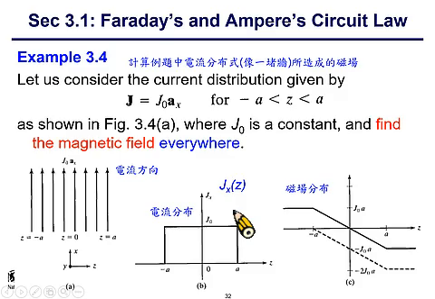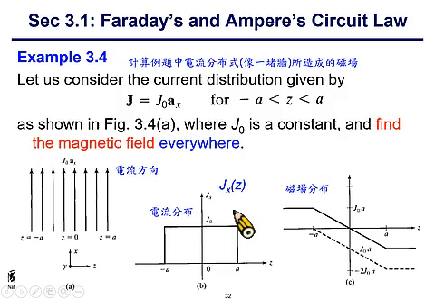This figure shows the placement of the current density. If this is the positive x direction, and this is the positive y direction, then the positive z direction is in this direction according to the right-hand rule. x cross y equals the z direction.